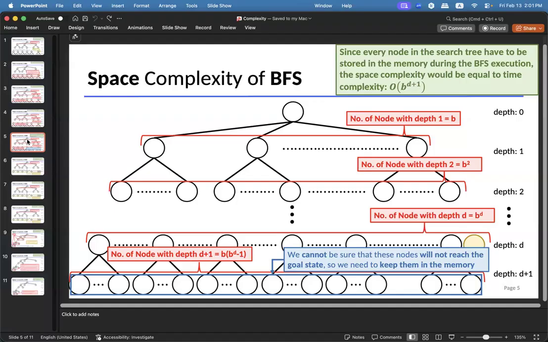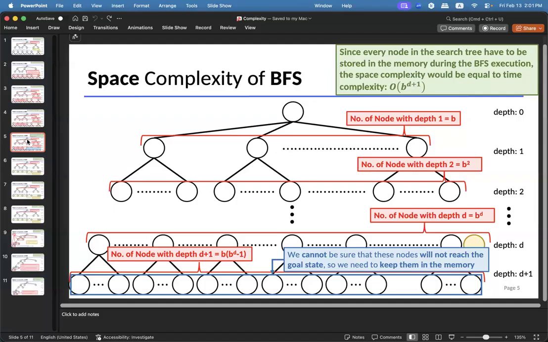But in breadth first search, we need to do so, because we simply don't know whether a leaf node in the search tree is really a dead end. If it is not a dead end, then we cannot remove it from our search space. Makes sense, right?